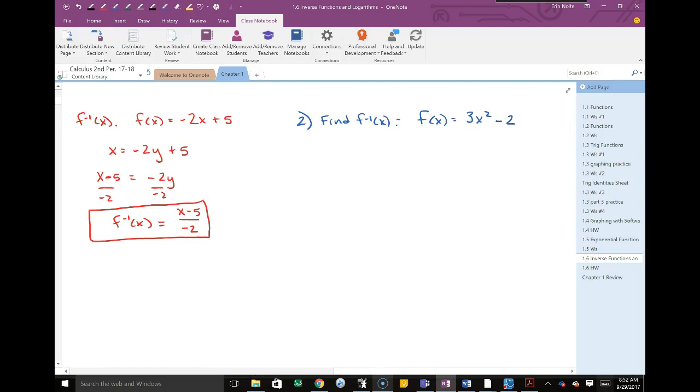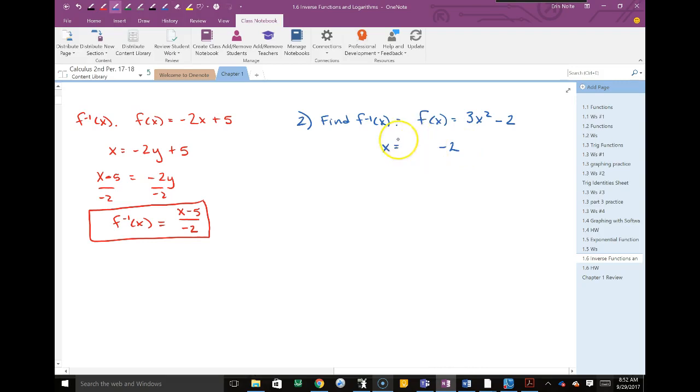Okay, so how do I find the inverse of the second one? First step, switch the x and the y, so x equals 2y squared minus 2.